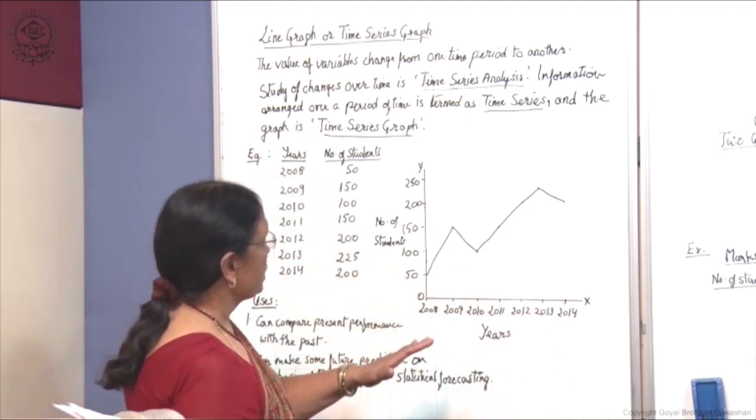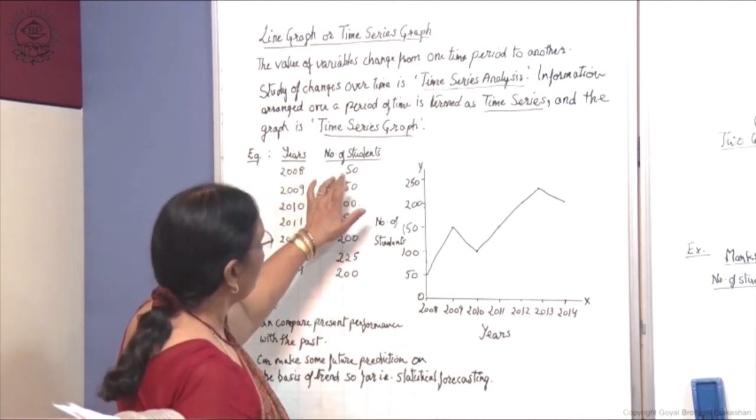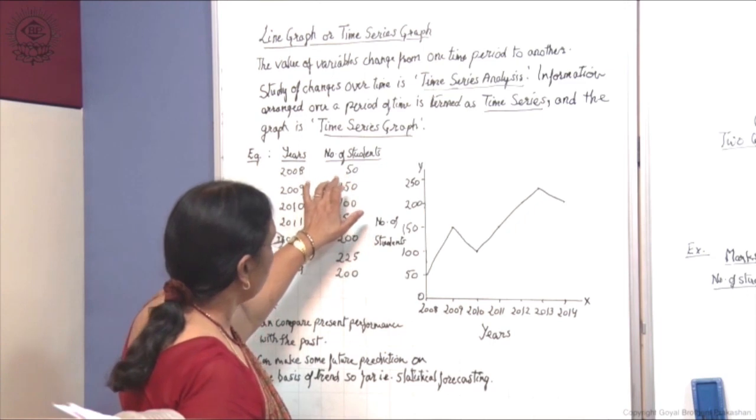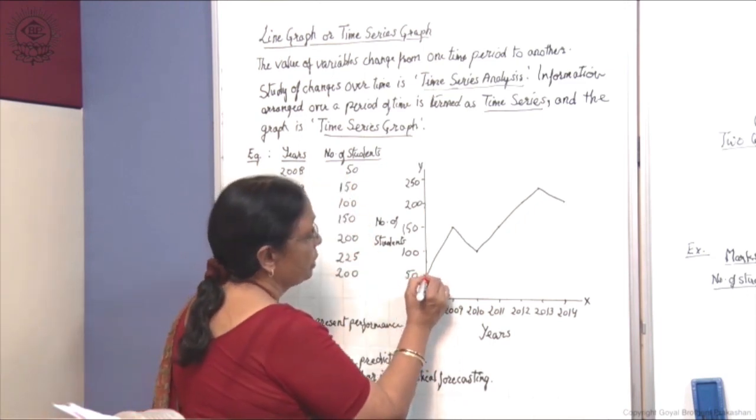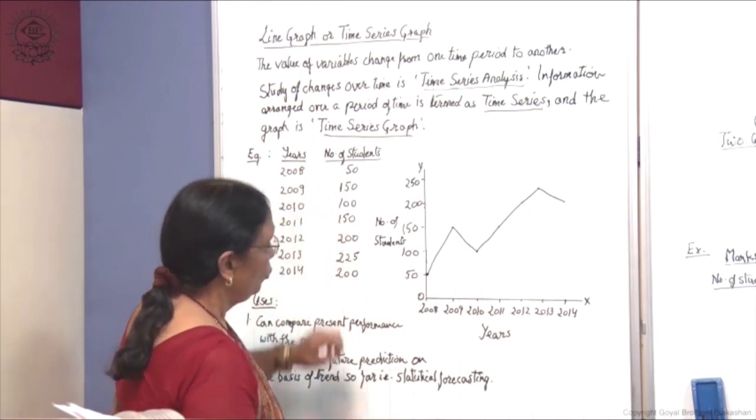Now the next step is to plot the points. In 2008, how many students were there? In 2008 there were 50 students. So this is the first point. 2009, 150.